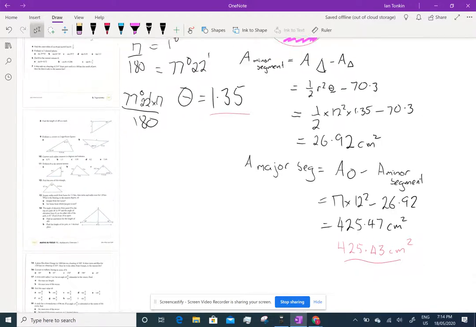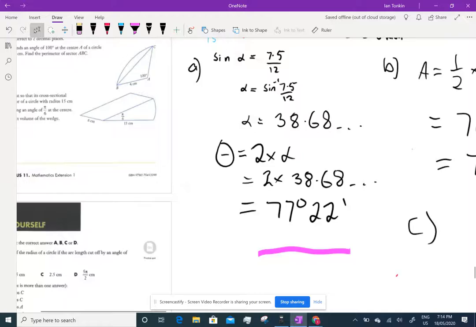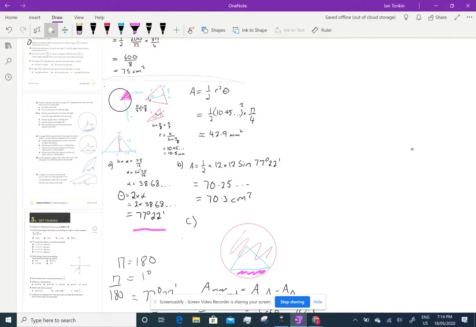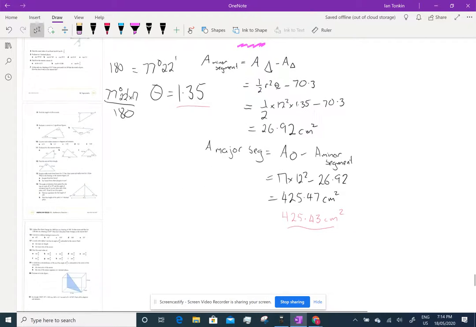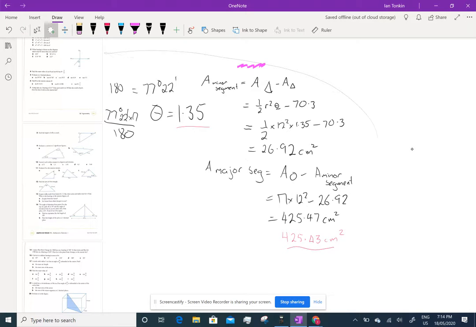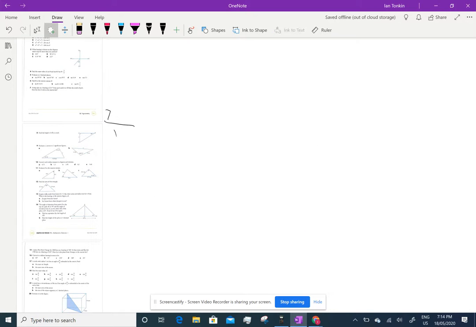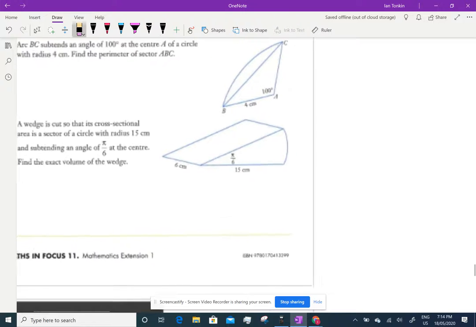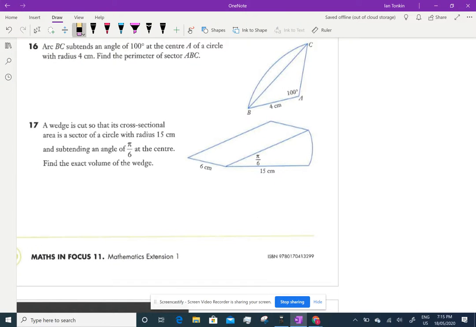Okay, the last one, question 17. So I'm going to create some space now. Righto, question 17. All right, so I've got a wedge, and its cross-sectional area is a sector with a radius of 15. And subtending, find the exact volume.